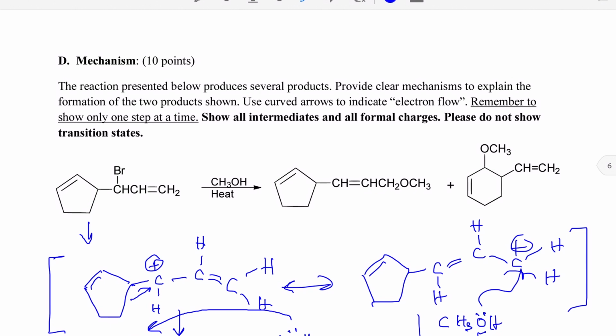So again, as we are dealing with substitution and elimination reactions, let's see what type of reaction we're dealing with exactly. When we look at this, we see that we have methanol and we have heat. These reagents, if y'all remember from a previous example, hinted at the possibility of having SN1 plus E1 reactions.